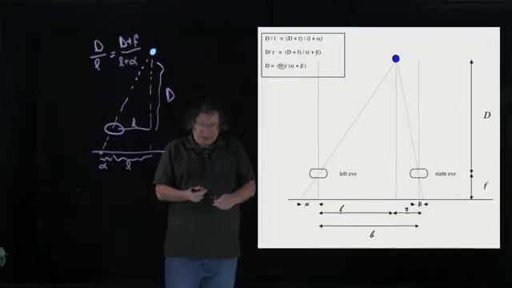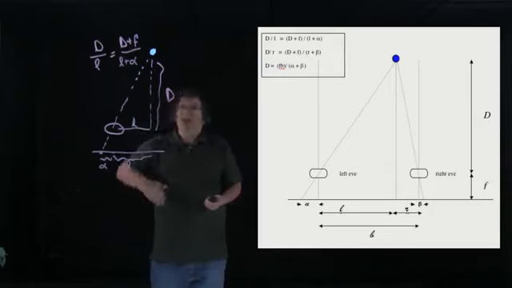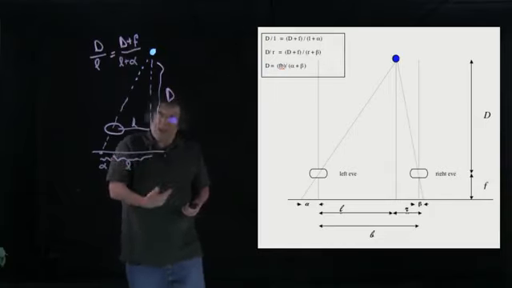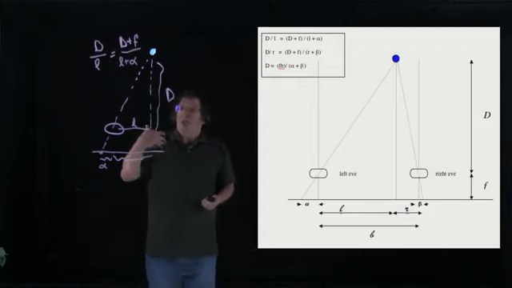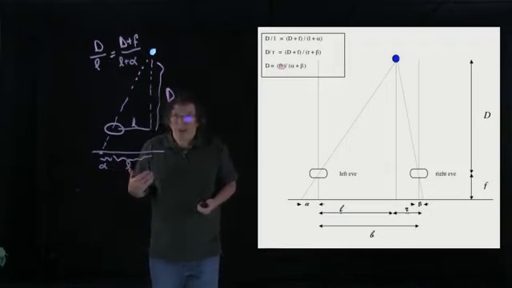And now I've written out the equation that we just found. The ratio D to L is the same as D plus F over L plus alpha. You can do the same observation on the right side of the diagram, and you get D over R is equal to D plus F over R plus beta. The rest is left to the reader, right?